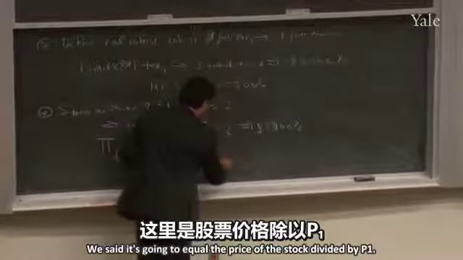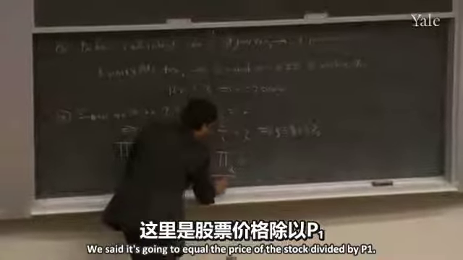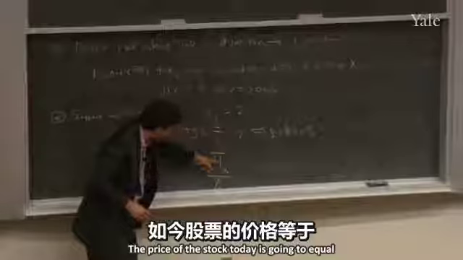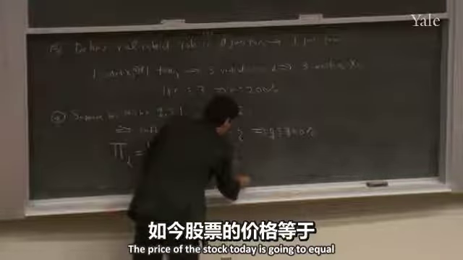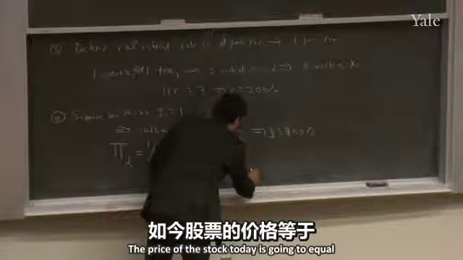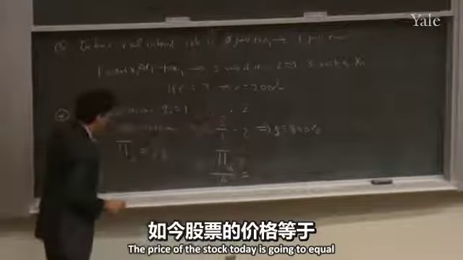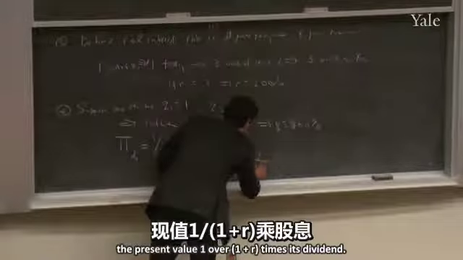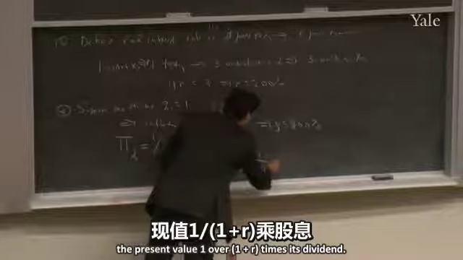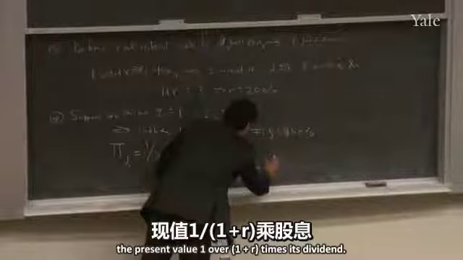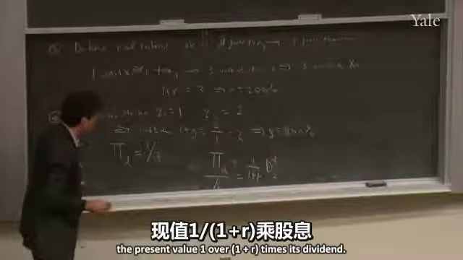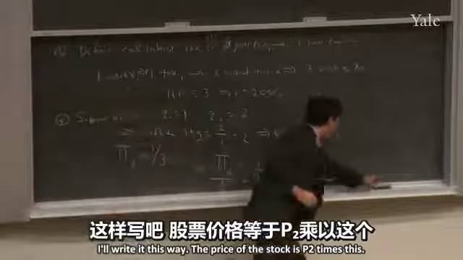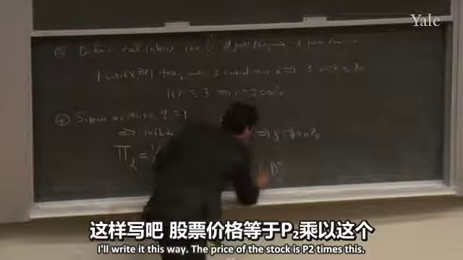Remember, how did we get it by going from here to here? We said it's going to equal the price of the stock divided by P1. Now the stock is only paying a certain number of goods. So the value of the goods today, the price of the stock today, is going to equal the present value, 1 over 1 plus r, times its dividend. The price of the stock is P2 times this.